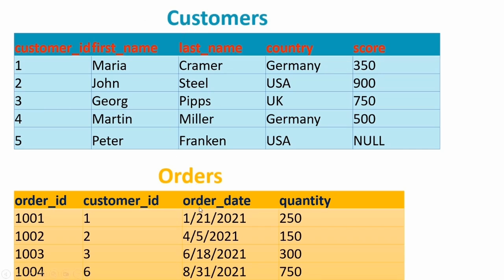We want to see all customers with their orders, even if some customers have no order. This is left join. All orders with their customers, even if some orders have no customer. This is right join.